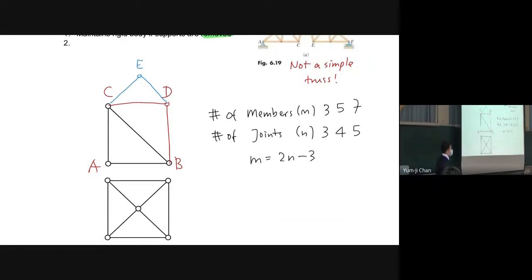Now, what happens if we have too many members? For example, for this truss, let me mark points A, B, and C here. Suppose we have an external force F acting on point B in this direction.